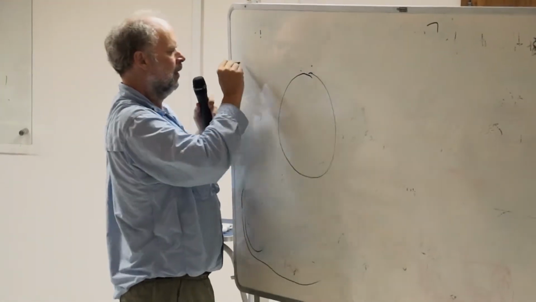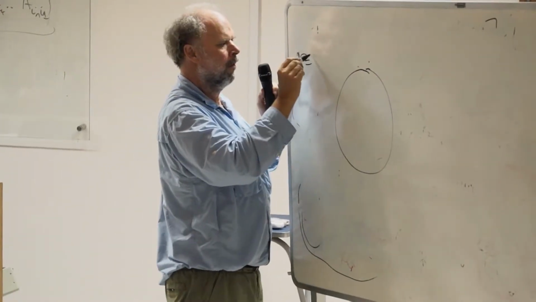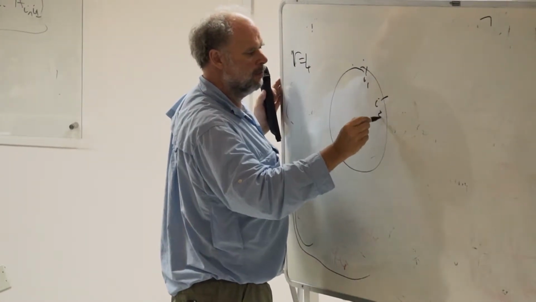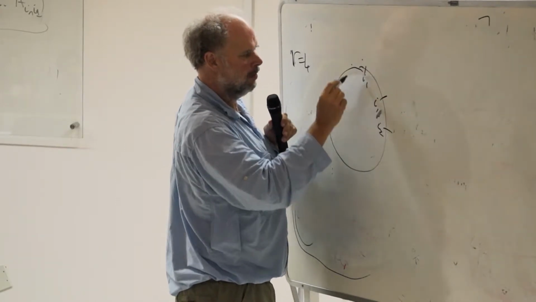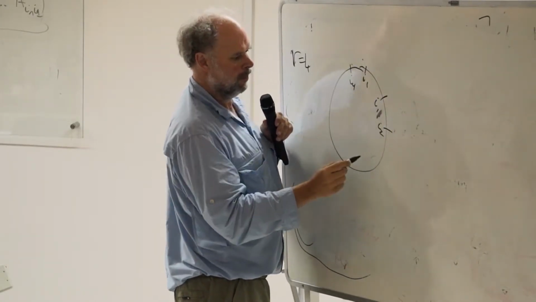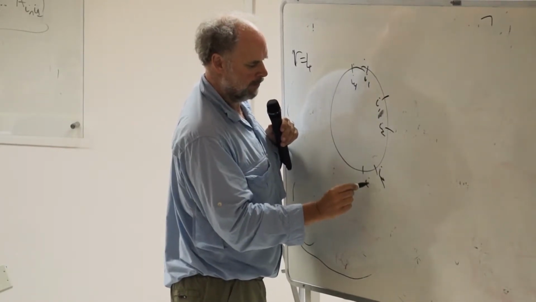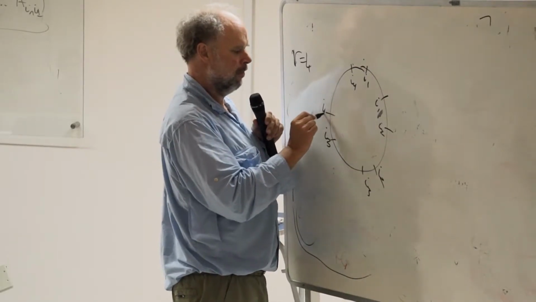So let's suppose we're doing r equals 4. And we go i1 i2, i2 i3, i3 i4, and i4 i1.